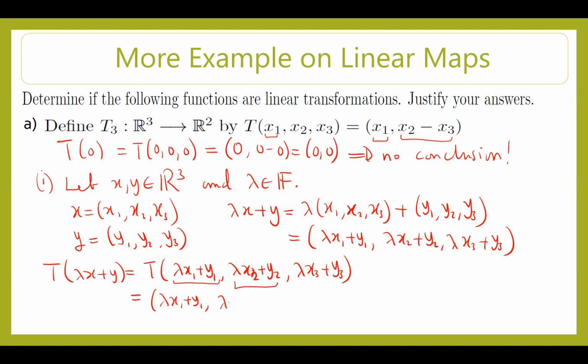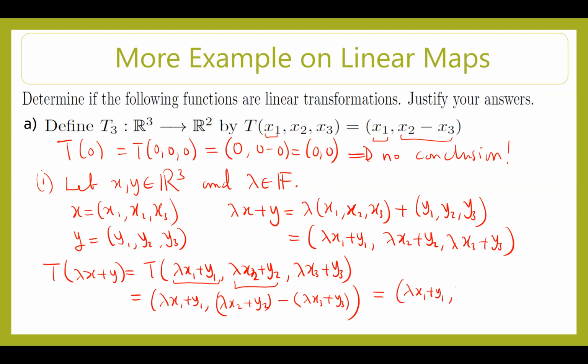So the middle guy for me is lambda x2 plus y2 minus, now be careful because the negative will affect everything. So put the parenthesis, lambda x3 plus y3. Probably put the parenthesis here too. And this means what? I can still have lambda x1 plus y1.